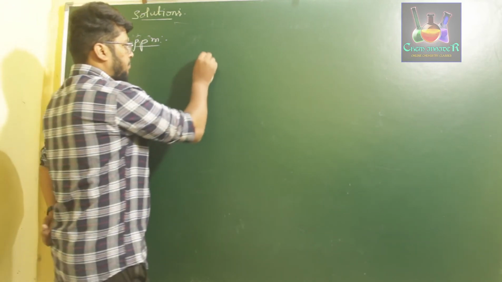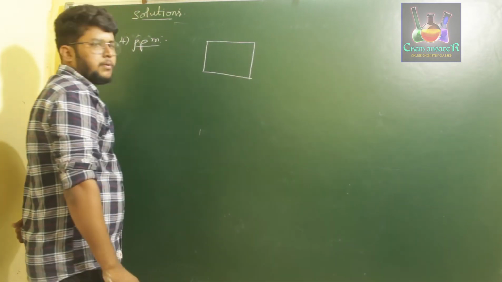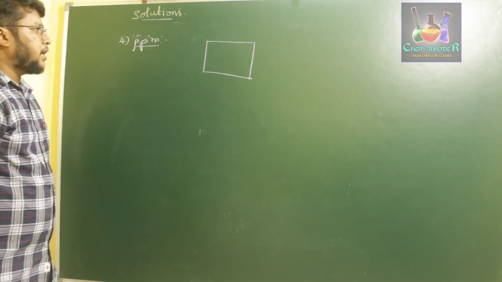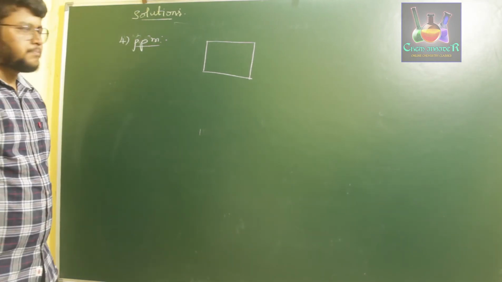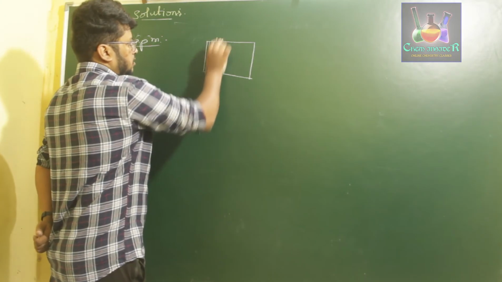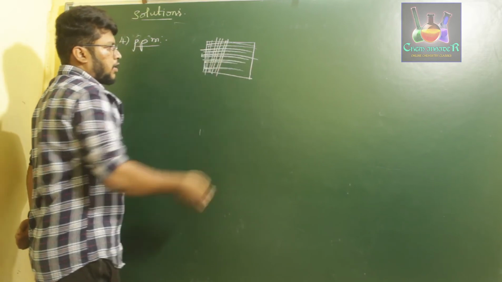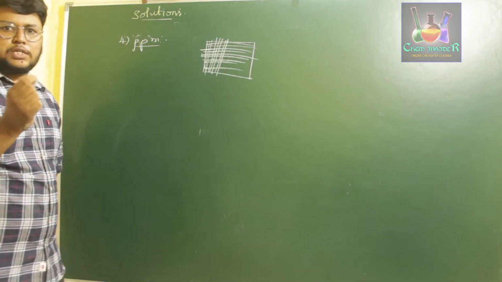If you take a solution component and divide it into 1 million parts, you'll get very minute traces in each part.